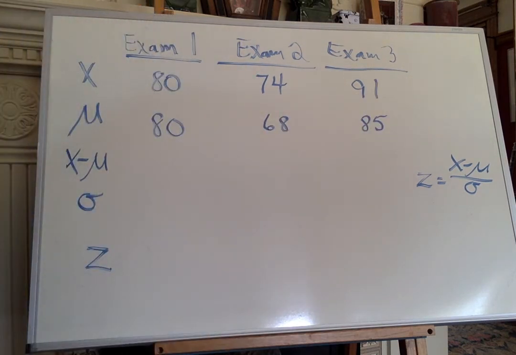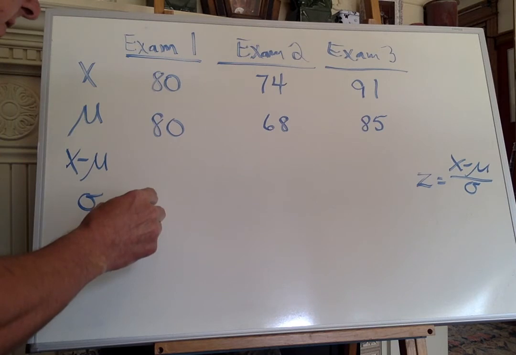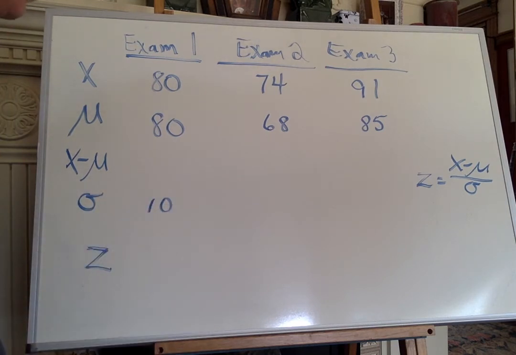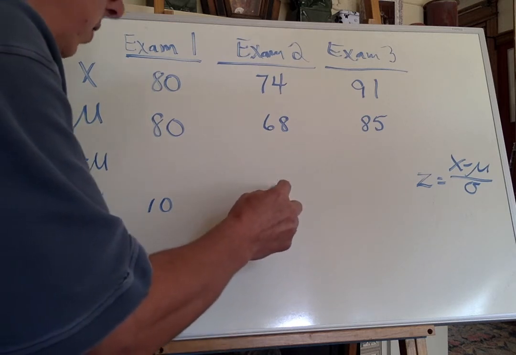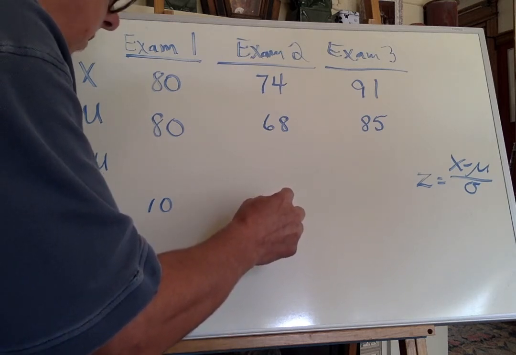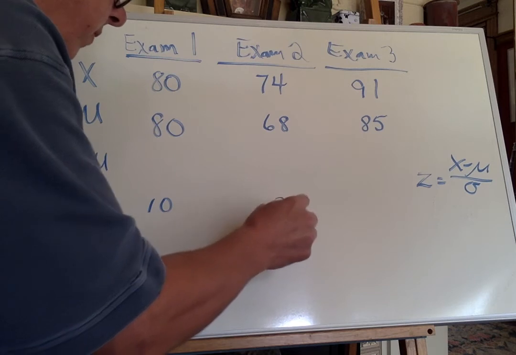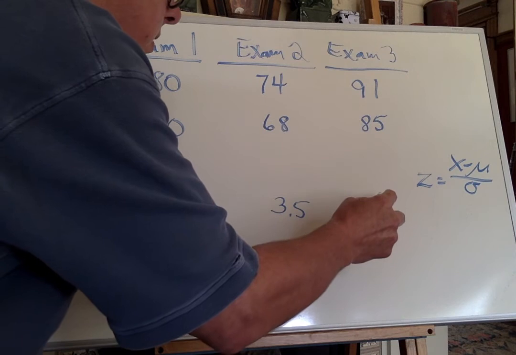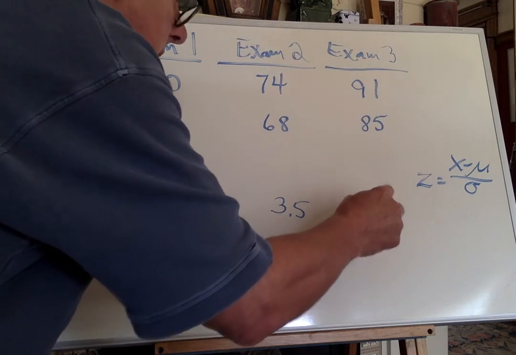Standard deviation here, let's say was 10, here 3.5, and here 6.